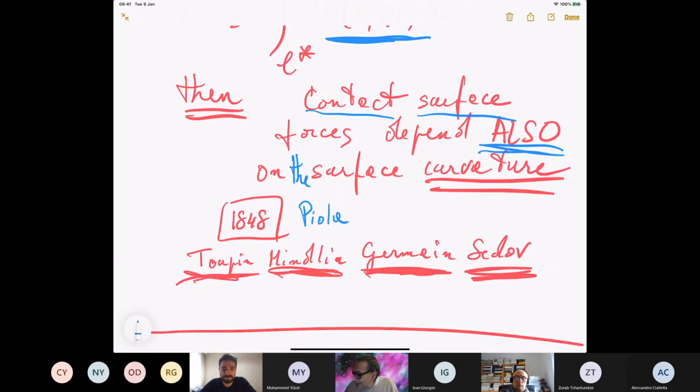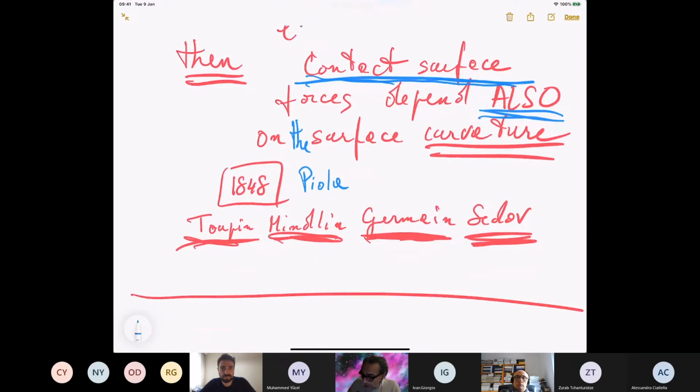So that contact forces depend also on surface curvature was known already in 1848. But many people did not want to see it, and they believed that a particular case was the most general one.